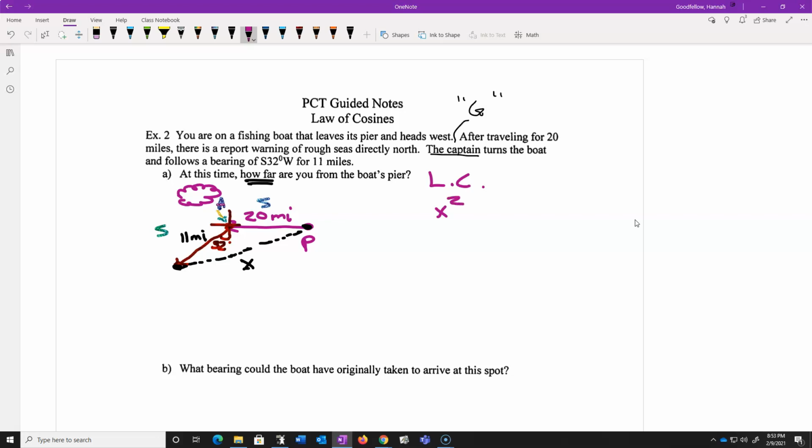That would be x squared is equal to 20 squared plus 11 squared minus 2 times 20 times 11 cosine of, now I'm pausing right here because I'm like, uh-oh, is it 32 degrees? No way. The whole entire angle that's inside here is obtuse.